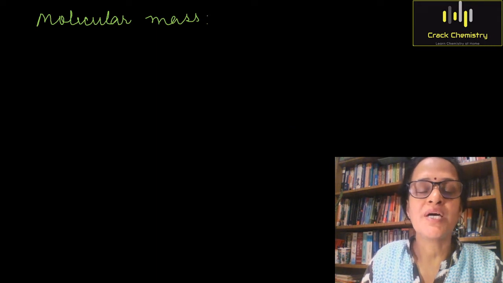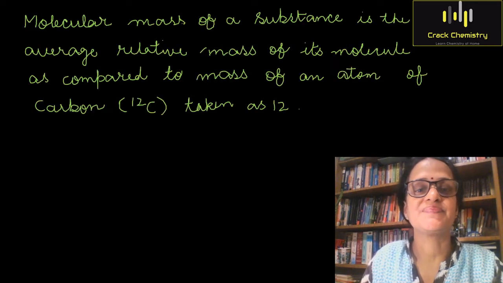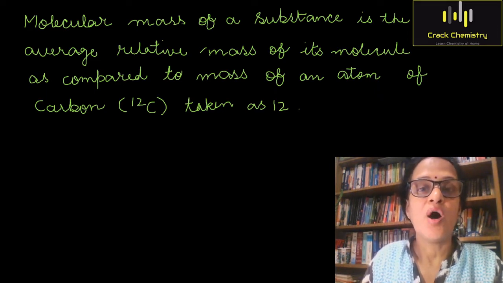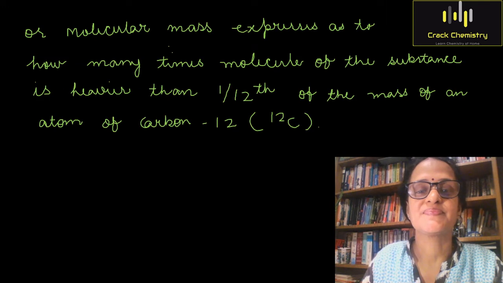So, molecular mass of a substance can be defined as average relative mass of its molecule as compared to mass of an atom of carbon-12 taken as 12. Or in other words, we can express molecular mass as how many times a molecule of a substance is heavier than 1/12 of the mass of an atom of carbon-12. I hope it is clear to you.